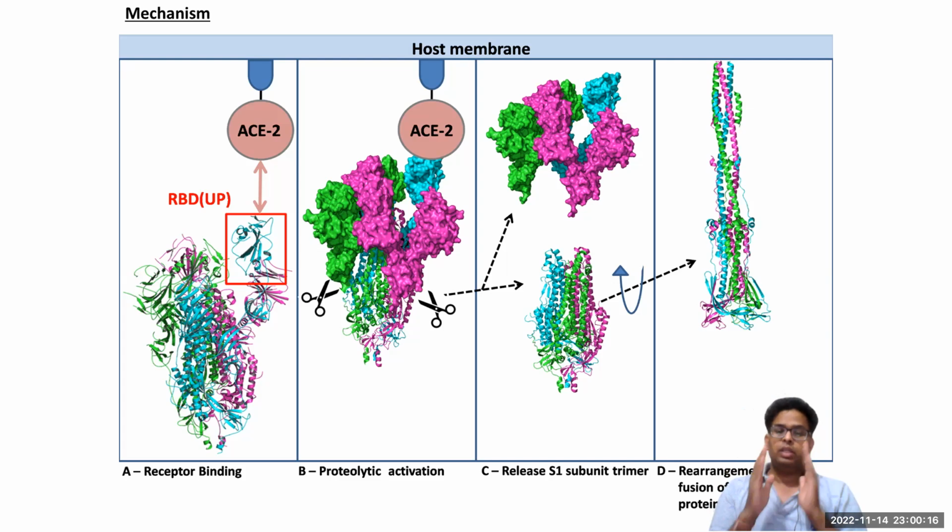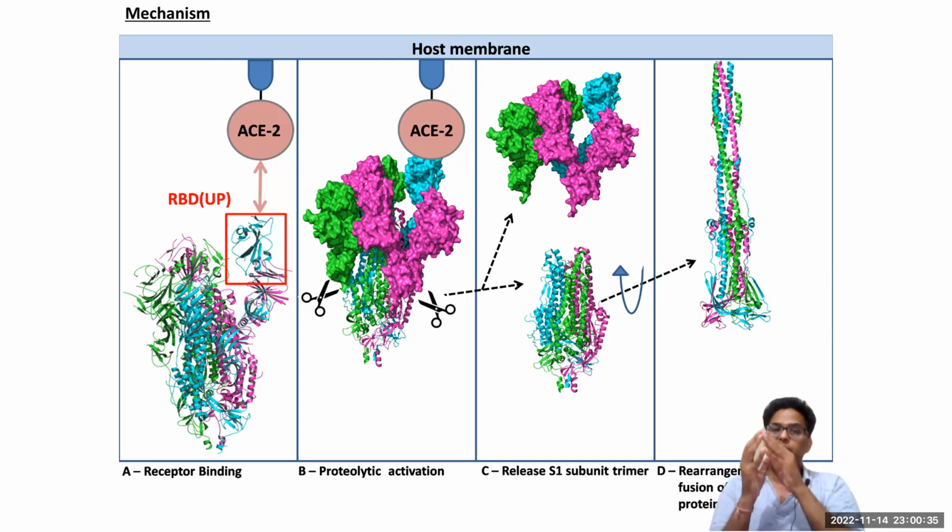Suppose in the respiratory tract 100 billions of the virus are just going through, and in the proper condition, suppose this is COVID, there is a spike and a receptor binding domain. When it opens, it binds with the human ACE2 receptor.